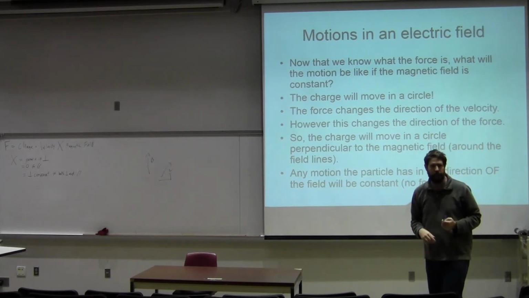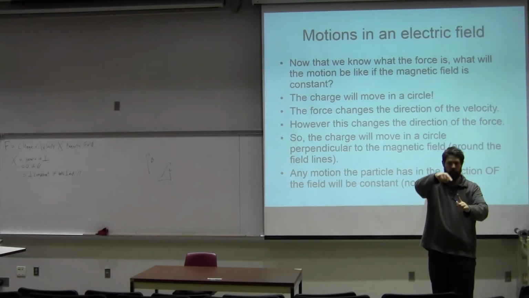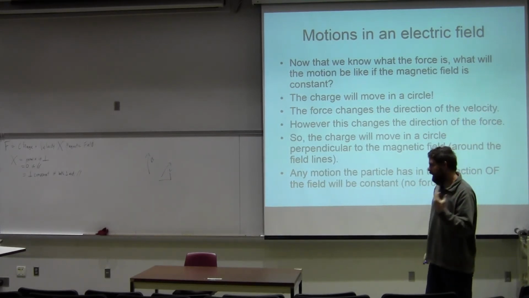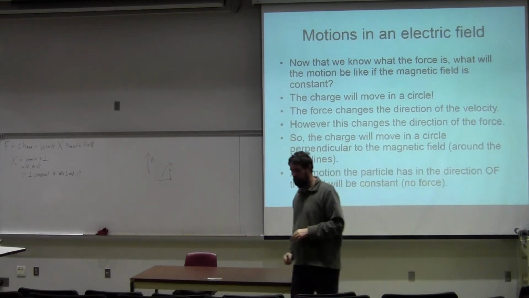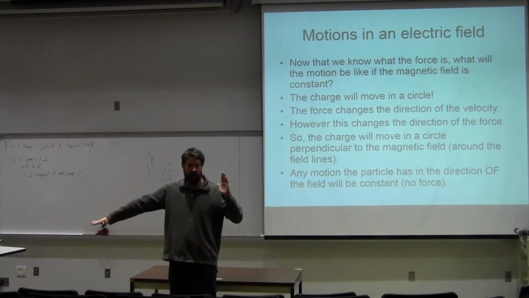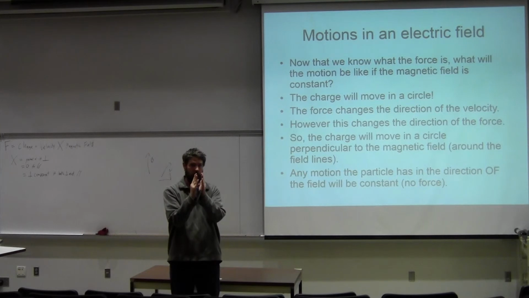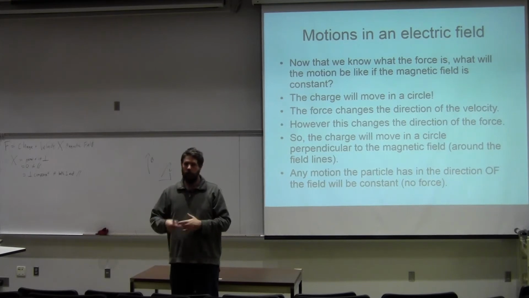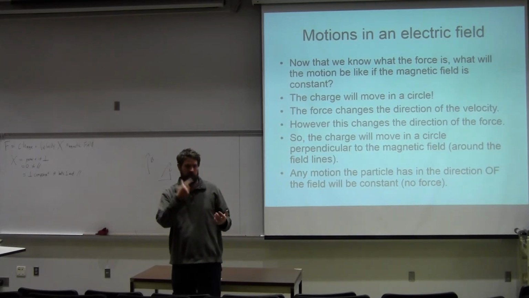So what kind of shape is that? Well, it's going to spiral. If I have my velocity perfectly perpendicular, I get a circle. If it's perfectly parallel, I get a straight line. And if it's both parallel and perpendicular, then I get a circle and a straight line, which means I get a spiral.